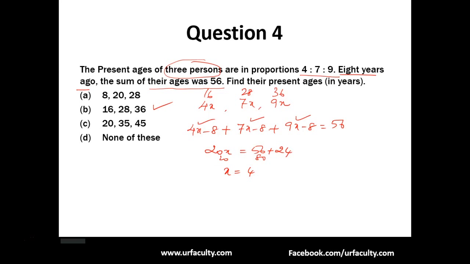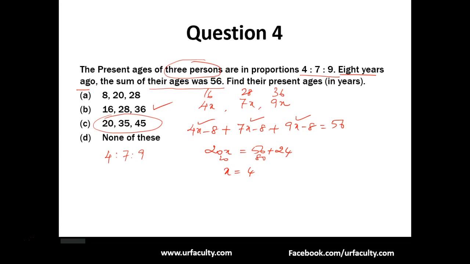The other way to look at it is, you have to look at the options where they are in the proportion of 4:7:9. So if just in case this option was not given, what you could do is you can straight away look at this. This is a multiple of 4, this is a multiple of 7 and this is a multiple of 9. And if you divide all by 4, you will get 4:7:9.